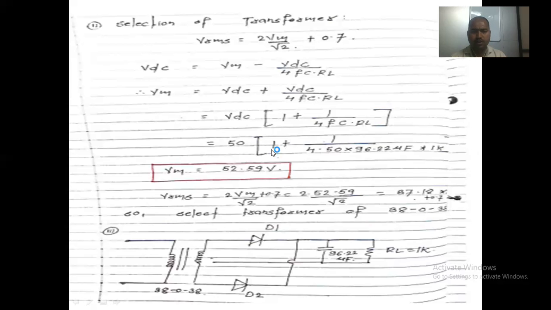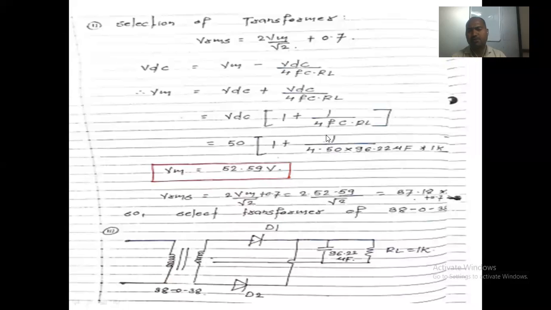Because 150 into 1 is 50, but whatever the calculation coming with 4 into 50, it is 200, into 96.22 into 10 raised to minus 6 into 1k. It has some value, and divided by it is a very small value, near about 0.0005.